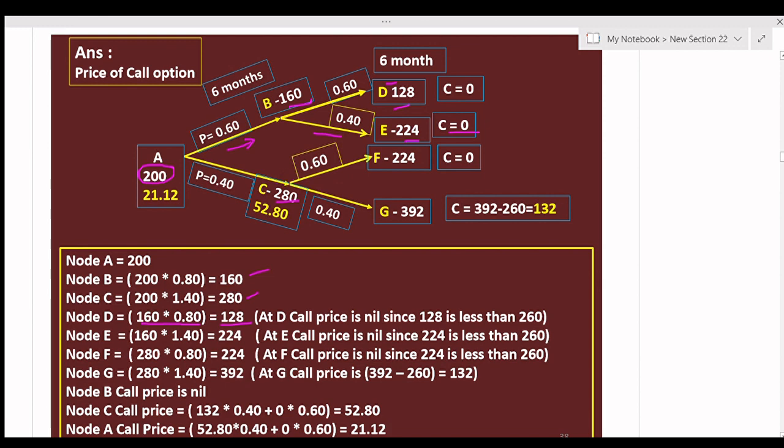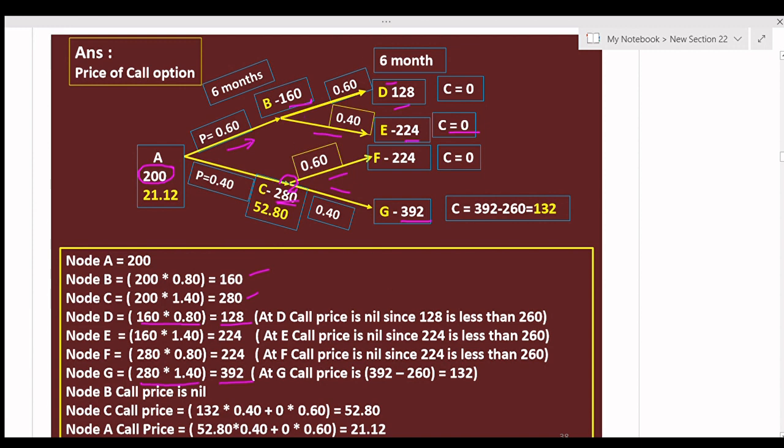Now come to the point of node C. There are two branches. One is the increasing side, another is the decreasing side. Increasing, that is 392, meaning 280 into 1.40. You see here I write at point G, 280 into 1.40 is equal to 392.